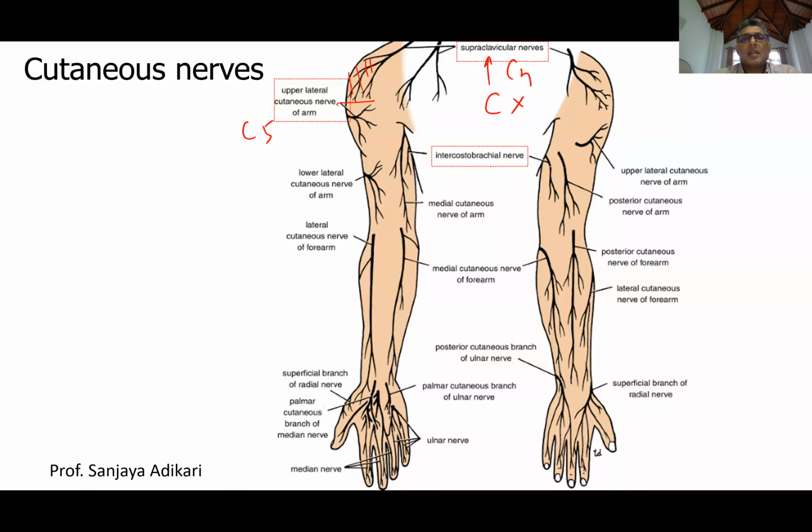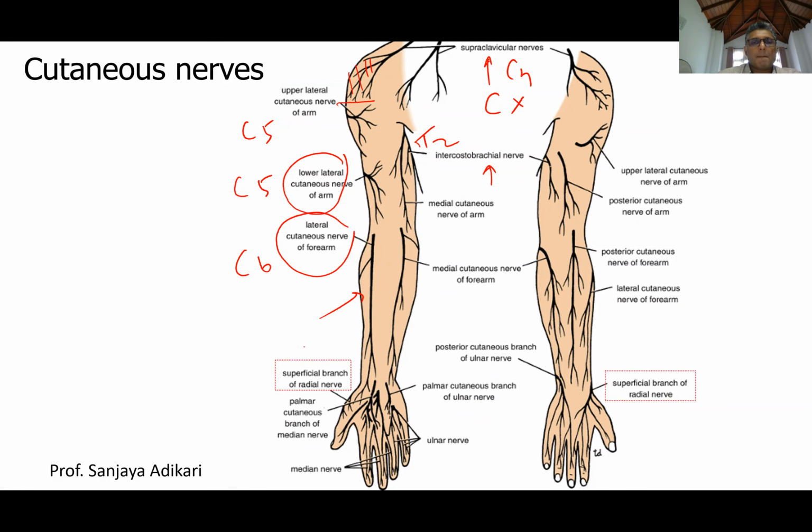Then the intercostobrachial nerve, a branch of the second intercostal nerve. This is T2. Then the lower lateral cutaneous nerve of the arm, which is a branch of the radial nerve, that will also carry C5, I think. And this lateral cutaneous nerve of the forearm, which is from the musculocutaneous nerve, will carry C6 in that area. Yes, C6.